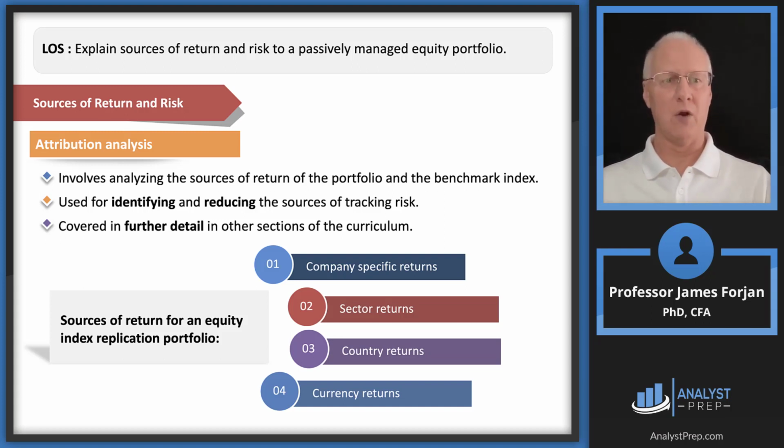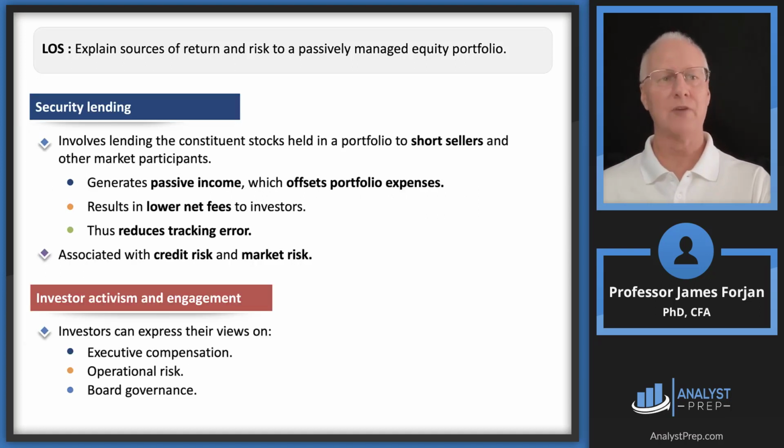These researchers said, did we outperform because of asset allocation or did we outperform because of security selection? These are two different kinds of decisions that go into portfolio construction. And attribution analysis helps us identify whether or not we were just lucky or whether we were good in a certain area or bad in a certain area.